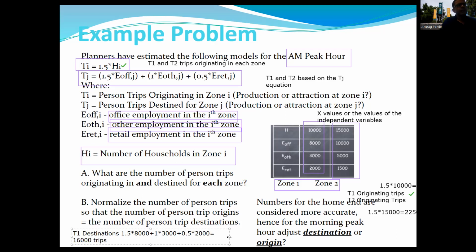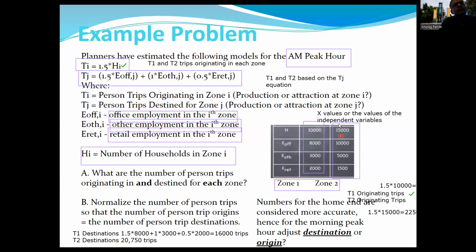Okay, so that's good. Now, what I want you to do is figure out T2 destination and see if you can get the correct answer here. I just did the calculation and I got the answer to be 20,750 trips. I want you to verify this answer by applying the characteristics of zone 2.